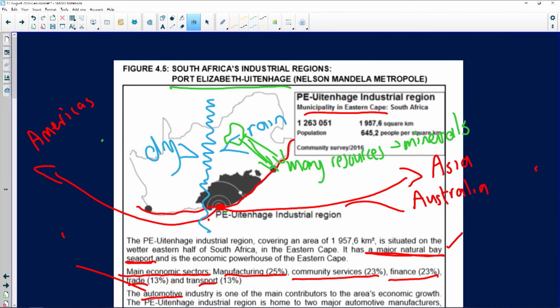A second reason we can mention over here is that there might be water shortages. Unfortunately, rain is unpredictable. We don't always get it. Another reason, electricity might be more expensive because it's far from resources such as coal, for example.